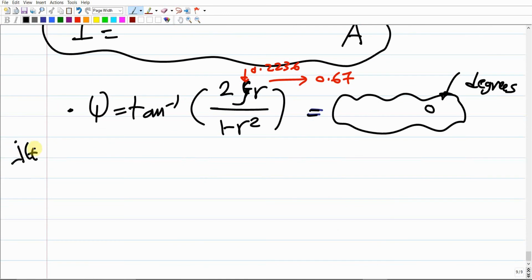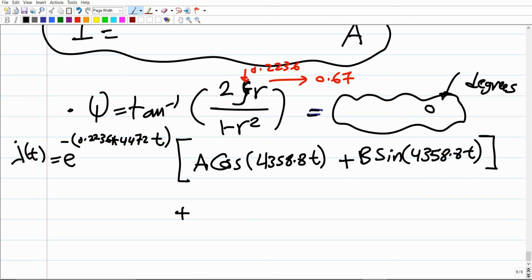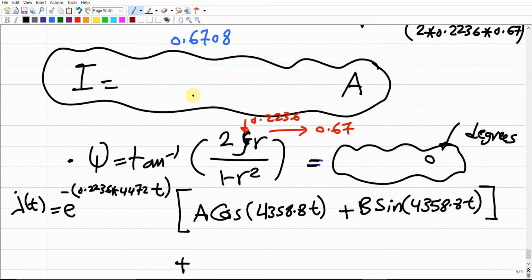So we can simply write the current function as e to the power of negative xi, which is 0.2236, times 4472 times t, times A cosine omega d t, where we got omega d as 4358.8, plus B sine of 4358.8 t. This is the homogeneous part, plus the amplitude that we shall find its value here.